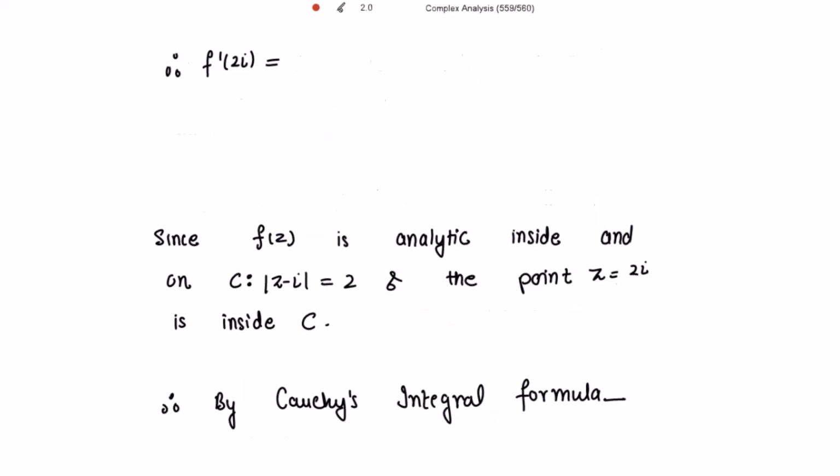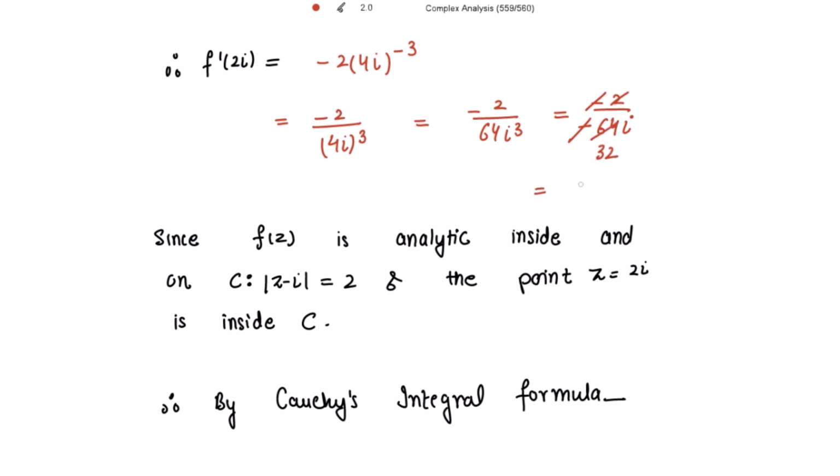We get minus 2 into (4 iota) to the power minus 3. So that is equal to minus 2 divided by (4 iota) to the power 3. So that is minus 2 divided by 64 iota cube. That is equal to minus 2 divided by 64. Iota square is negative 1, so I am having iota over here with negative sign. Cancelling this, we have 1 divided by 32 iota.